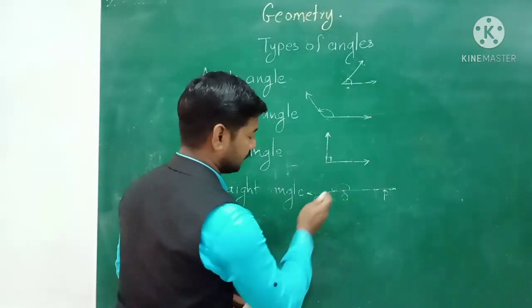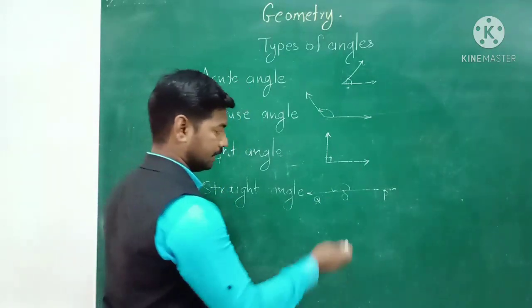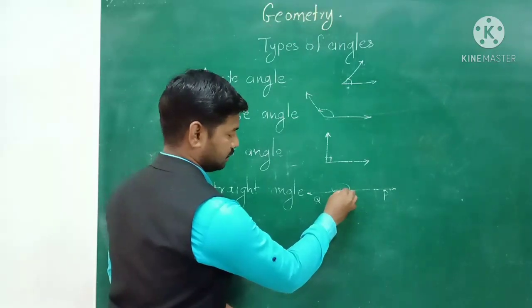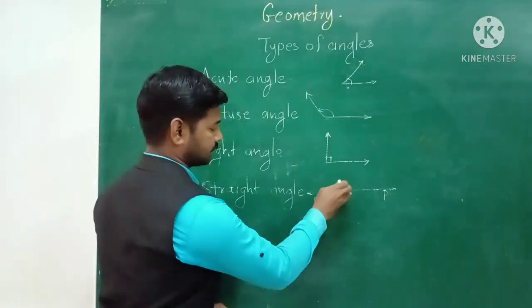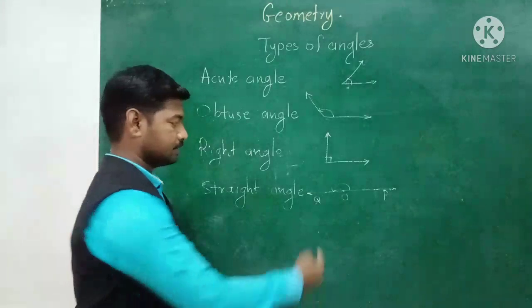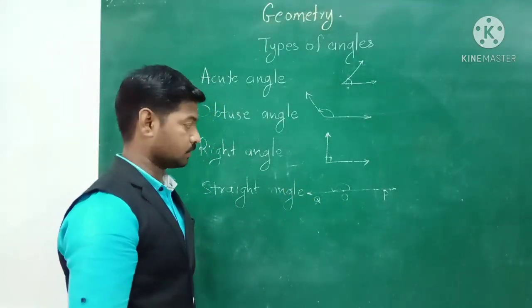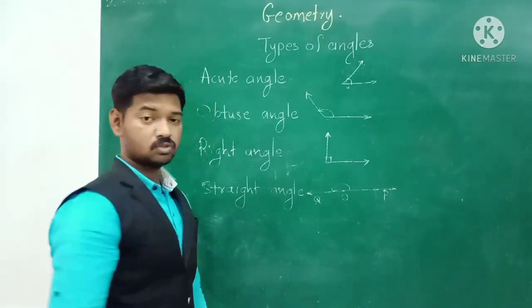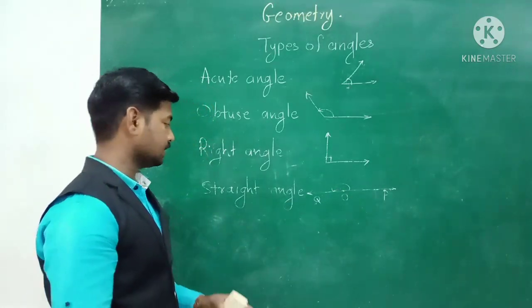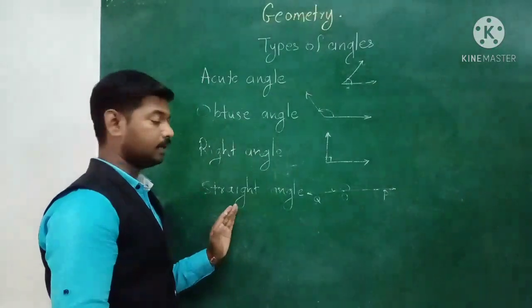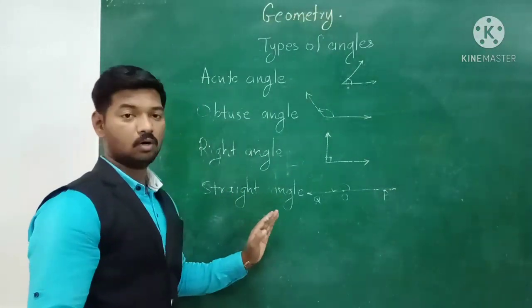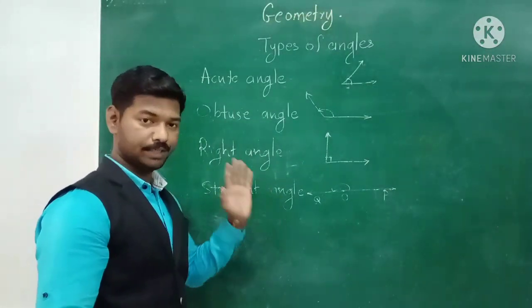It is a straight angle. It is in a straight line, but O is the origin, it is the vertex. These are the two arms, OP and OQ. These two arms are in a straight line. So this angle is known as straight angle, and a straight angle is always measured at 180 degrees.